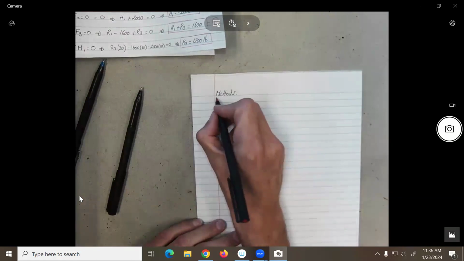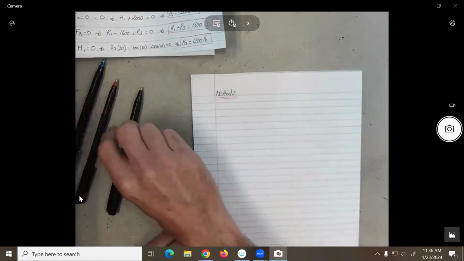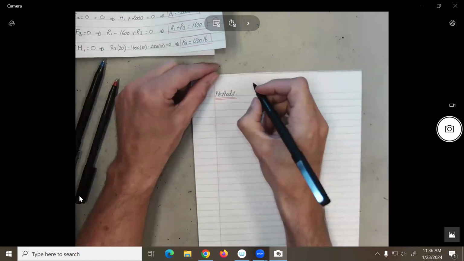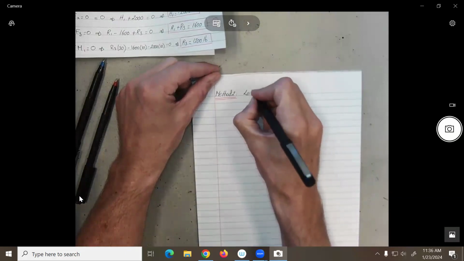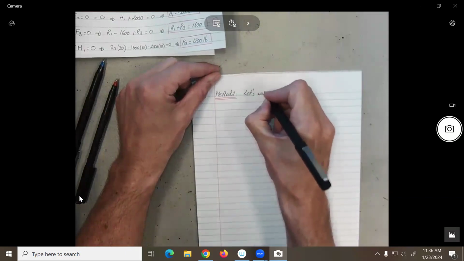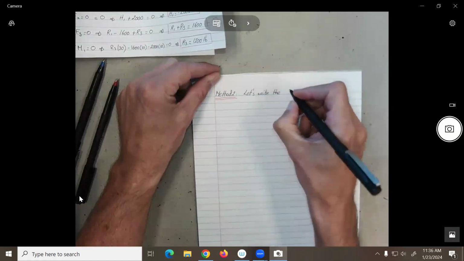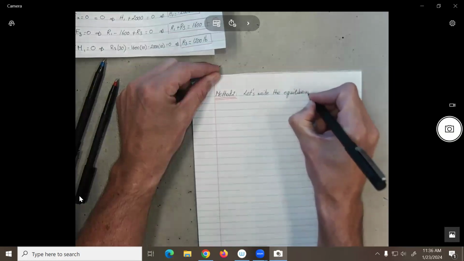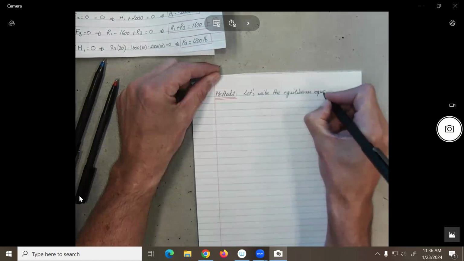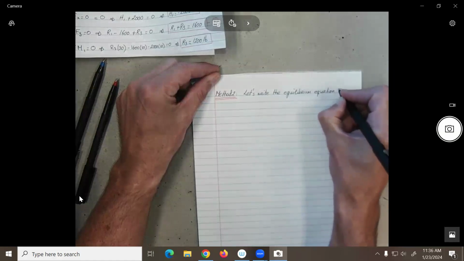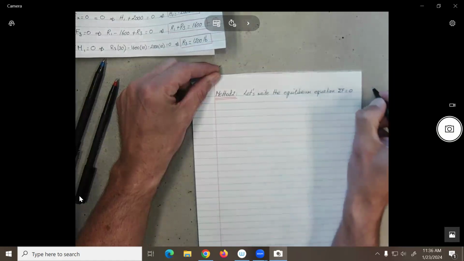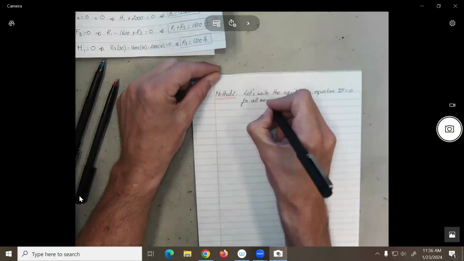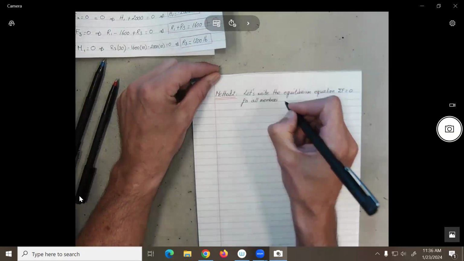So method two is, let's write the equilibrium equation, summation of forces equal to 0, for all members.